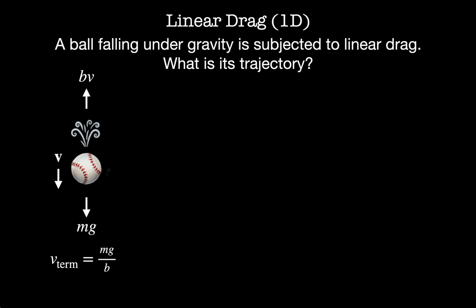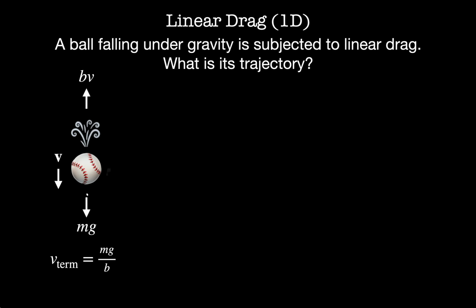So imagine for linear air resistance, I have a ball that's falling under gravity subject to linear drag, and I'd like to know what its trajectory is. So this is, I guess, the free body diagram for it.